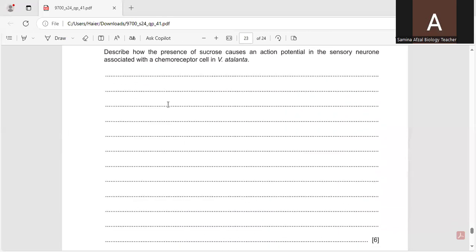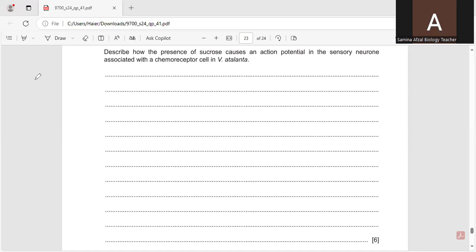Describe how the presence of sucrose causes an action potential in the sensory neurons associated with the chemoreceptor cell in V. atalanta. Now, students, we have to describe how the taste buds can detect the taste. Whatever we eat, whatever is on our tongue, it is sensed by the taste buds. There are five types of taste, you know.